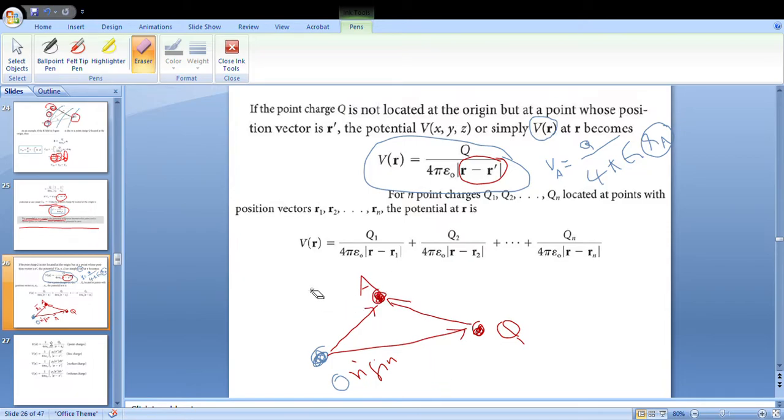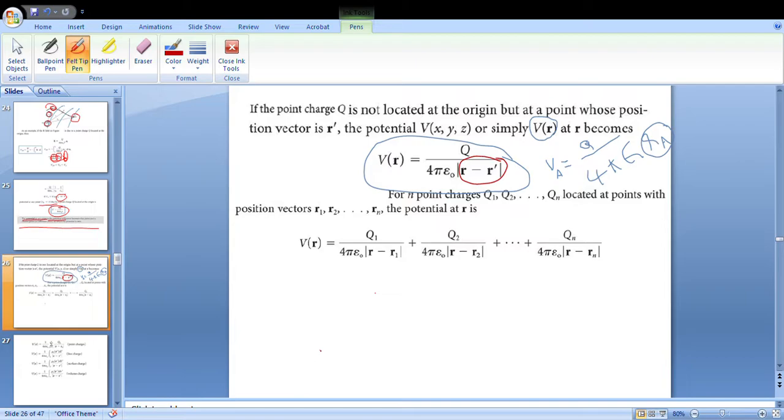Let me explain this once more. The first thing is, we'll consider the origin point here. Now we need two more points.